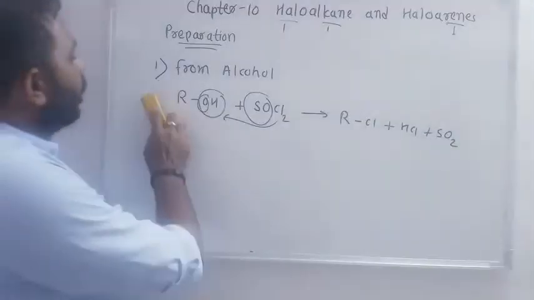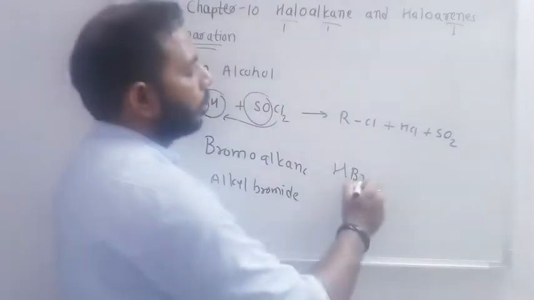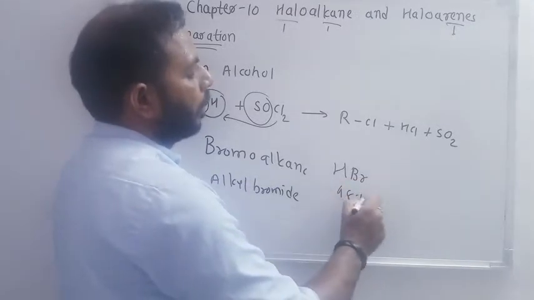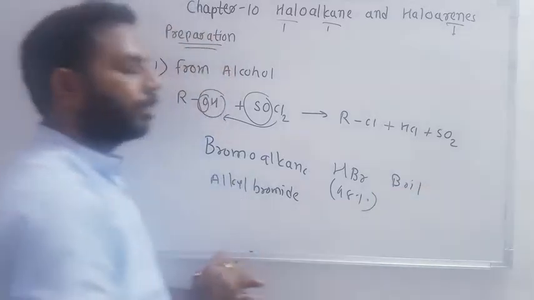Now in these cases, if we want to form bromoalkane or alkyl bromide, then we need HBr and we need to boil alcohol with HBr.